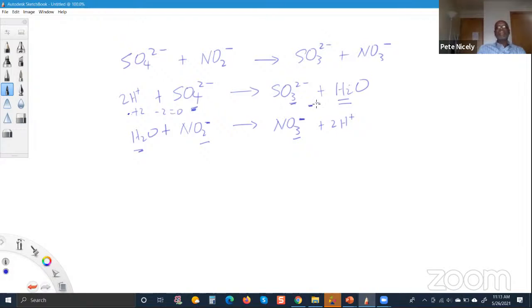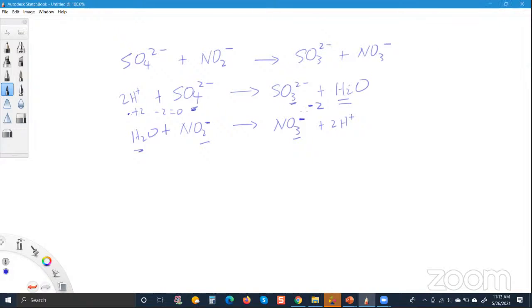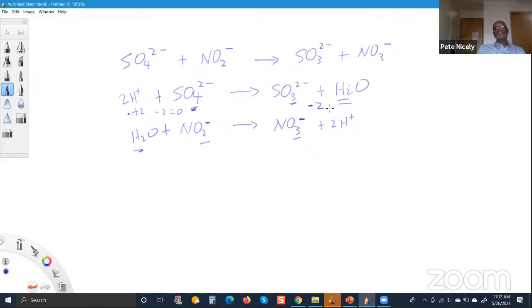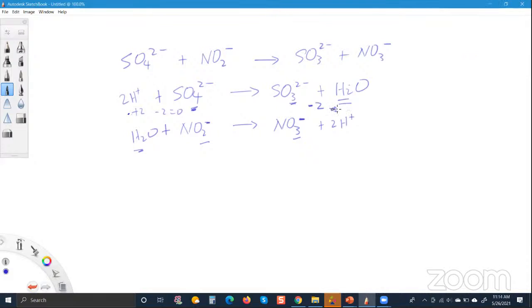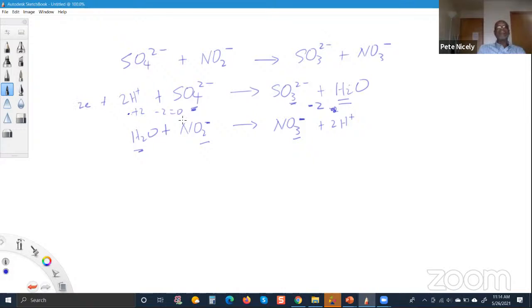And we have -2 on this side. So how many electrons would you add and to which side would you add it? You would add 2 to the right side to make it 0? Nope. If you add 2 to the right side, you're going to make the total charge on the right side -4. Oh, that's right. So it's going to be on the left side. Exactly. All right.